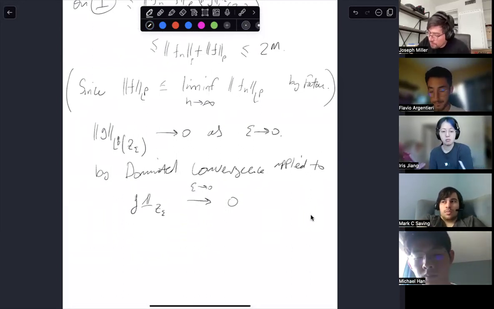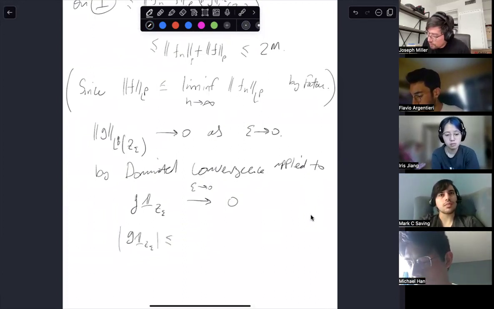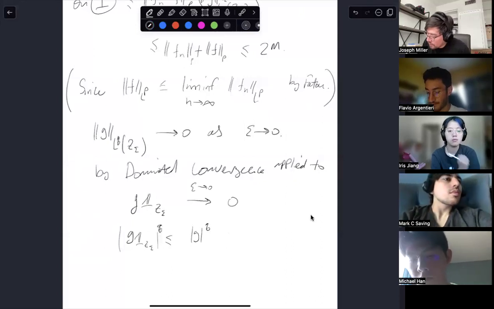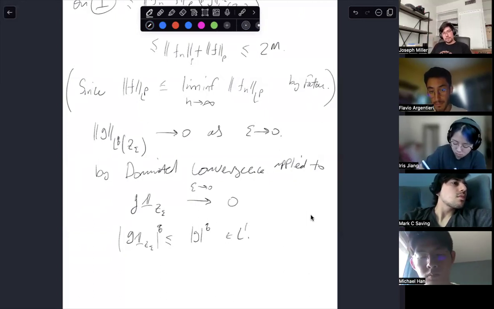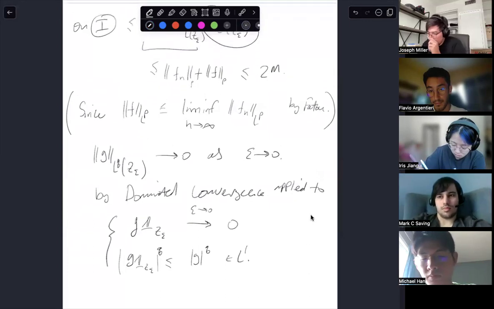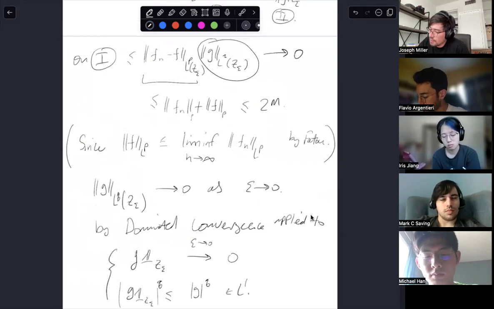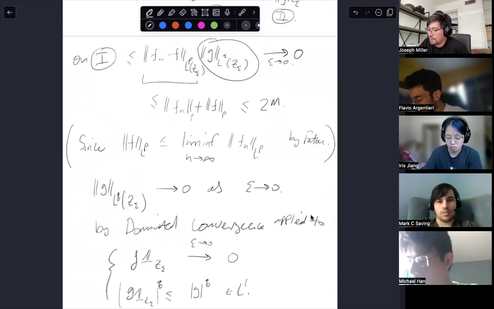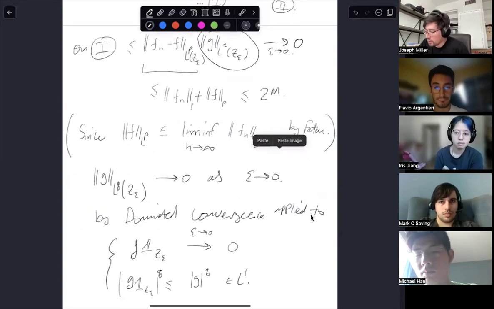And I know that g times the characteristic function of Z epsilon is less than or equal to g, so if I take the pth power, or the qth power, it is in L1. Okay, so what I've shown is that this goes to 0 as epsilon goes to 0. So pick epsilon small enough so that this is less than your error tolerance.